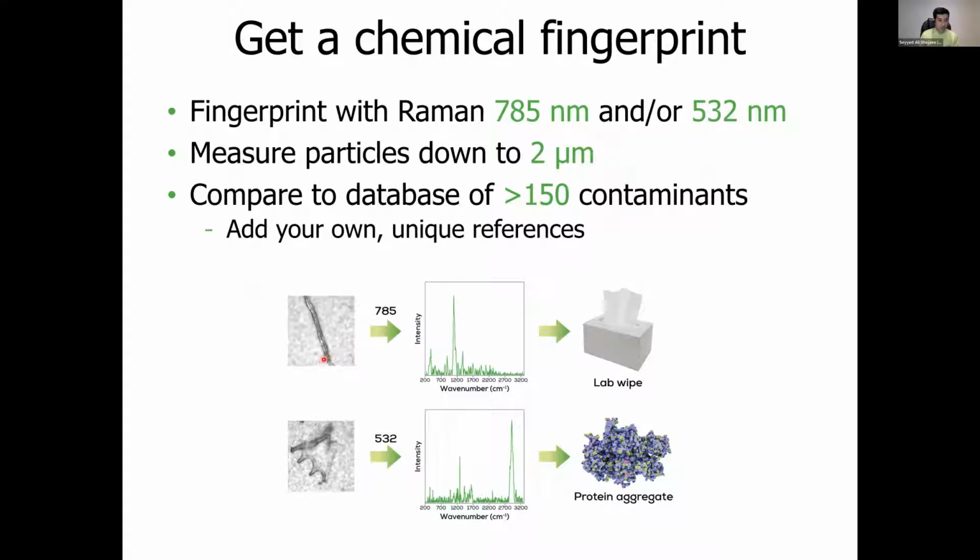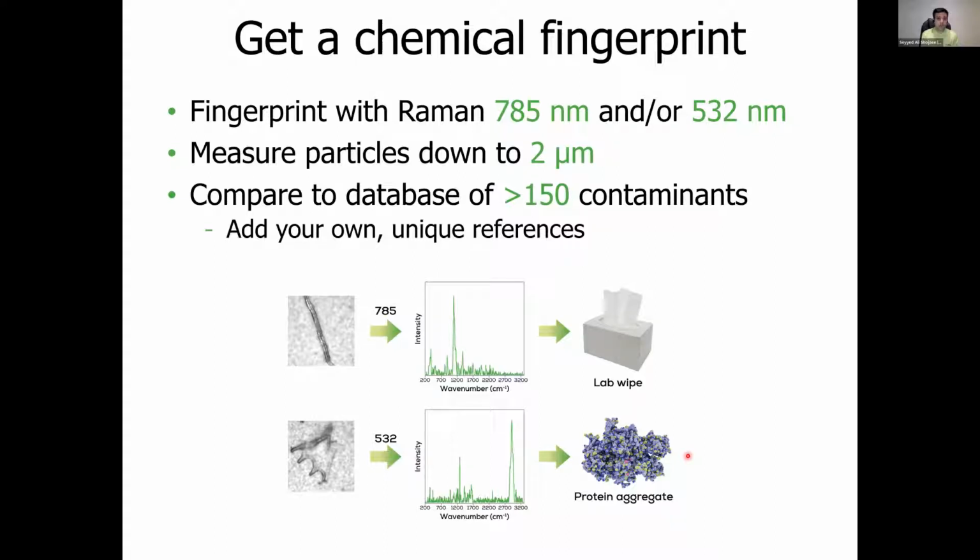So if you have a filament that you see under the microscope and you are wondering whether this is a protein filament or just some residual from the lab wipes, Raman spectroscopy can give you the answer that, oh, this is just coming from your lab wipes. Or if you have a strange particle and you are wondering if this is a piece of shattered glass or a protein, again, Raman spectroscopy will tell you that the particle is actually protein aggregates.